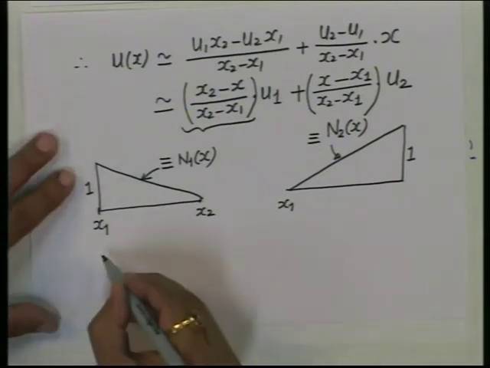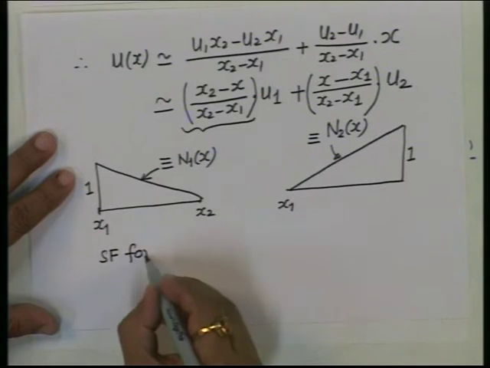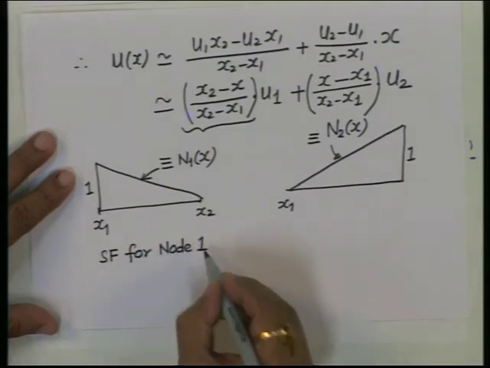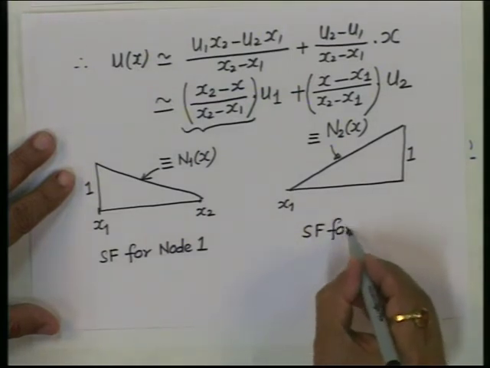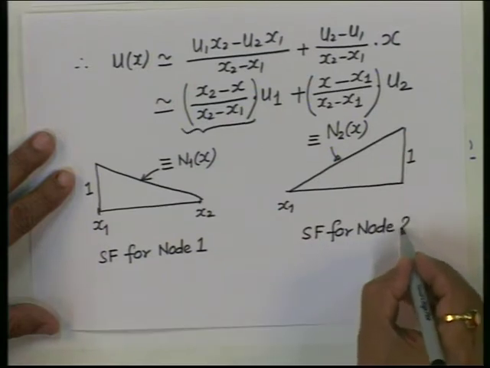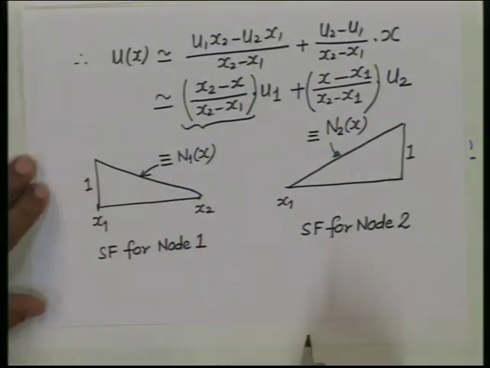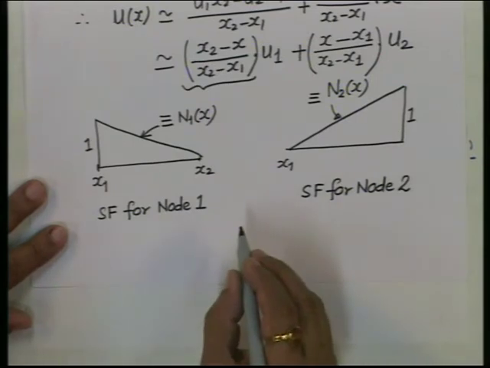So, in short, we write shape function for node 1, shape function for node 2. Therefore, I think I can also get yesterday's relation.